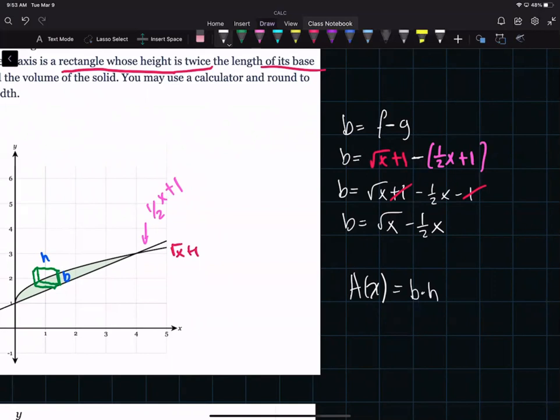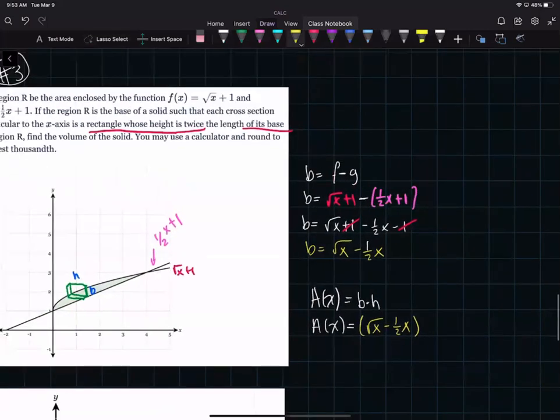So here comes the part where you need to put your thinking cap on. First of all, we already know what the base is. The base is what we have on top, which I'm going to put in yellow. So radical x minus a half x.